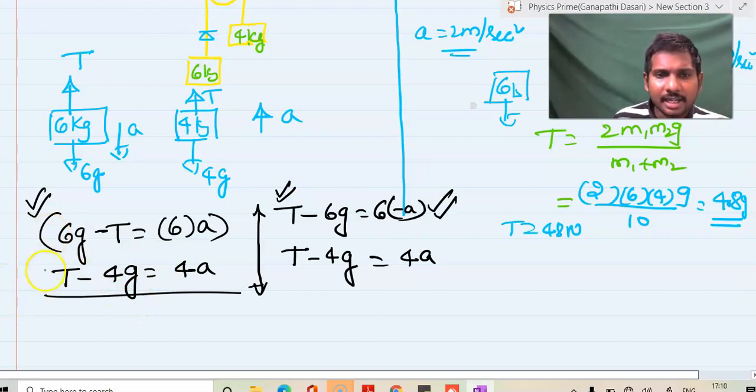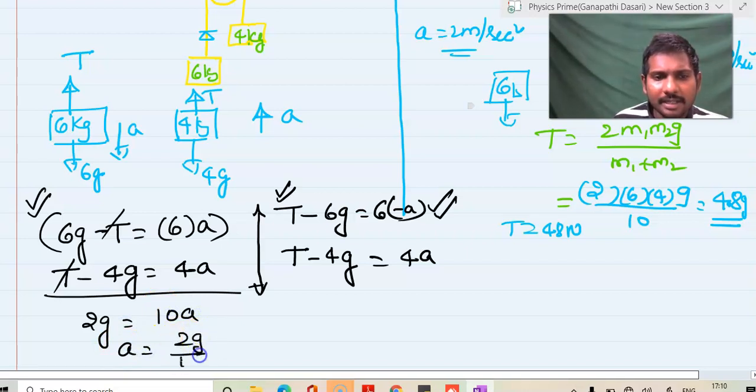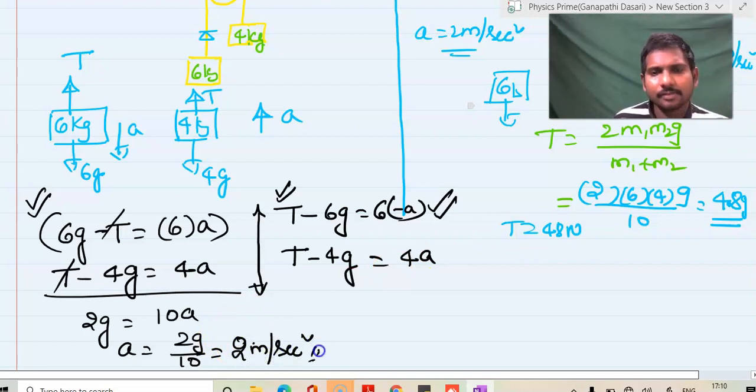If I add both these equations, the tension cancels. So 2g is equal to 10 into a, which means a is equal to 2g by 10, the same answer we got using the formula, that is 2 meter per second square.